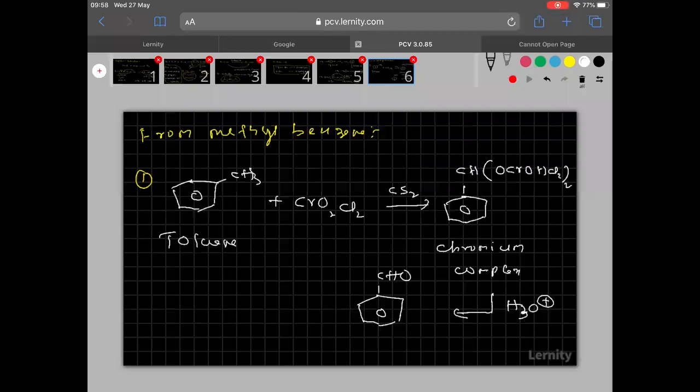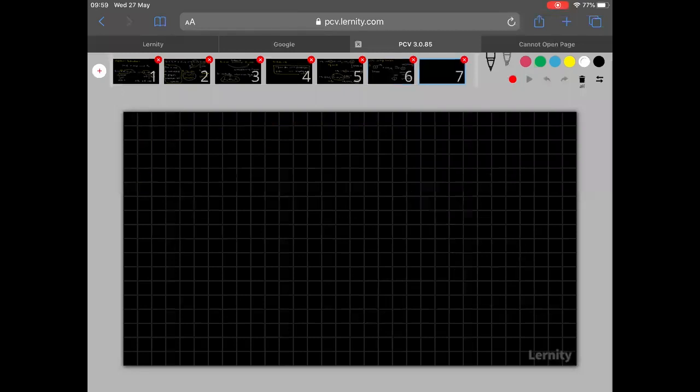Please copy quickly. This is the first one from methyl benzene. Clear? Let us go for the second one. Same, using methyl benzene only. So again, the same thing we are going to see here also.